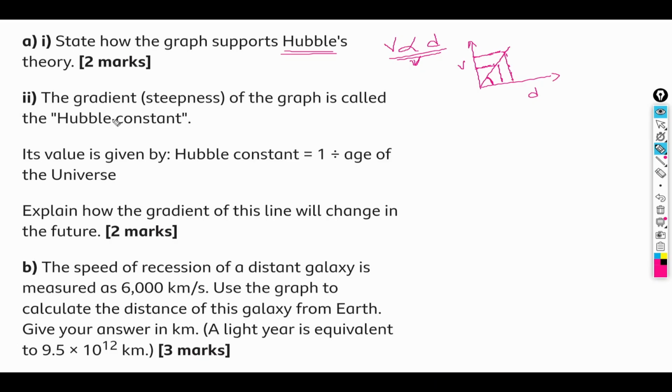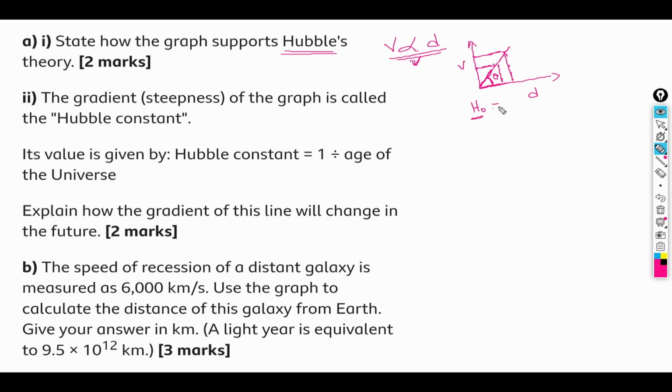Okay, moving on to the next question. The gradient or steepness, this slope, this theta, the angle that this line makes with the x-axis, is known as slope or gradient or steepness. The gradient of the graph is called Hubble's constant, H naught.